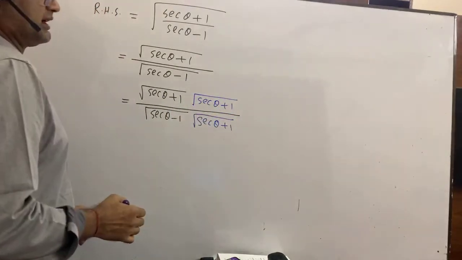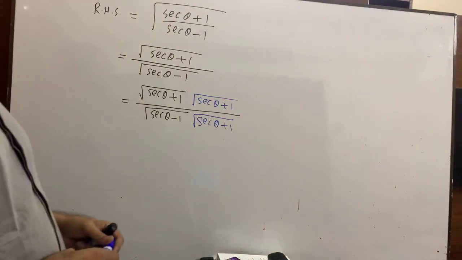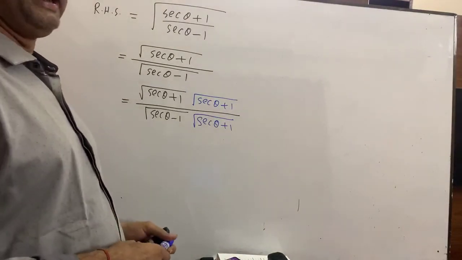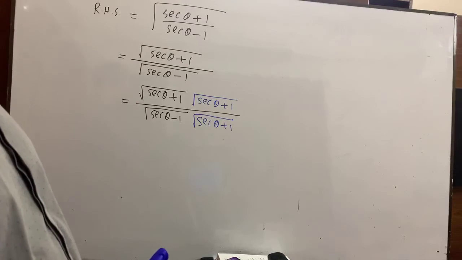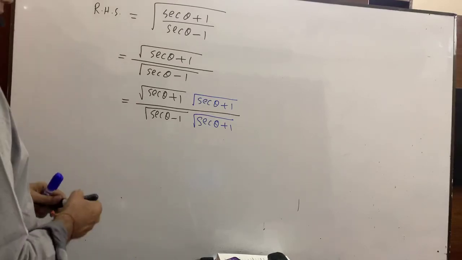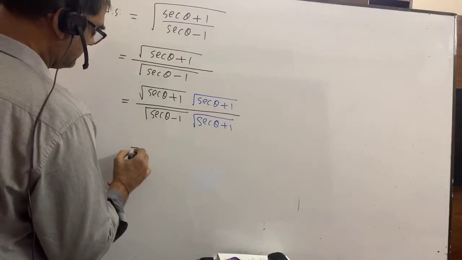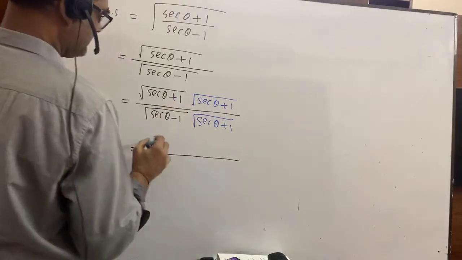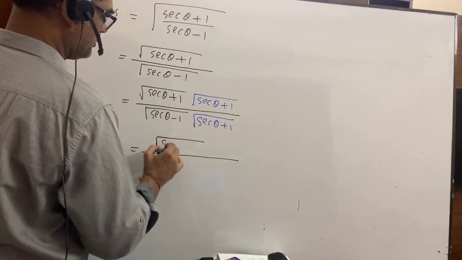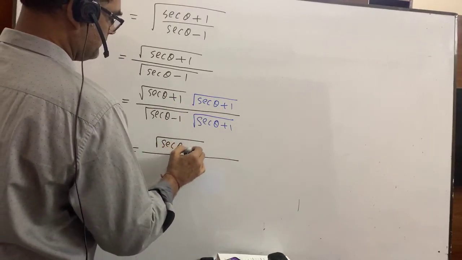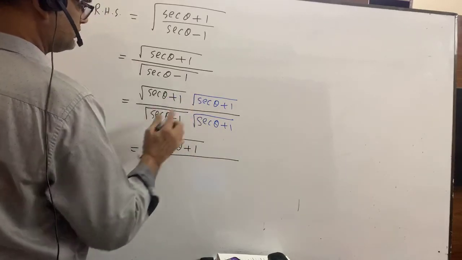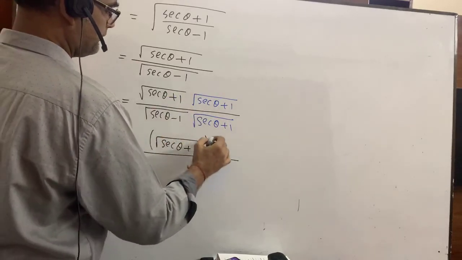By root over sec theta plus 1, I have multiplied both the numerator as well as the denominator. Now in the numerator we get root over sec theta plus 1 whole square.